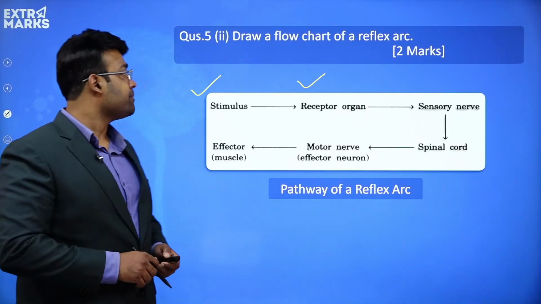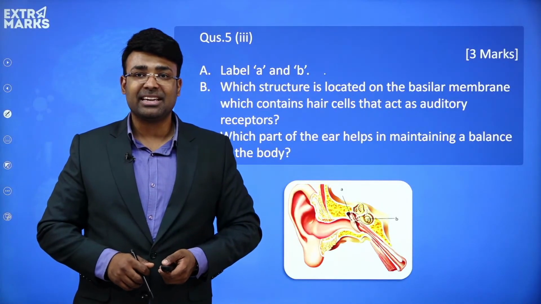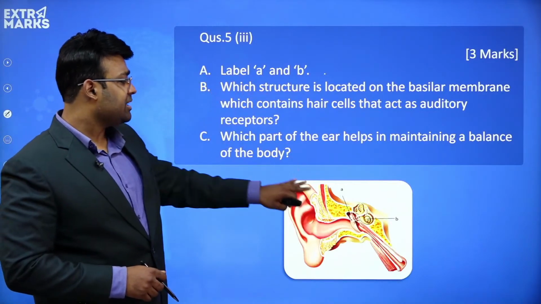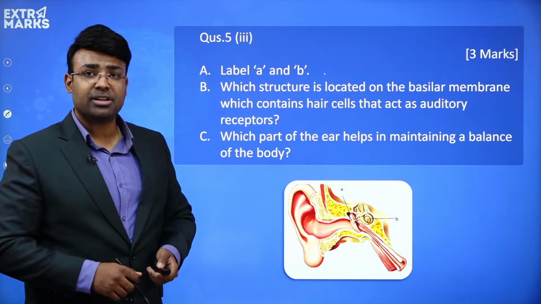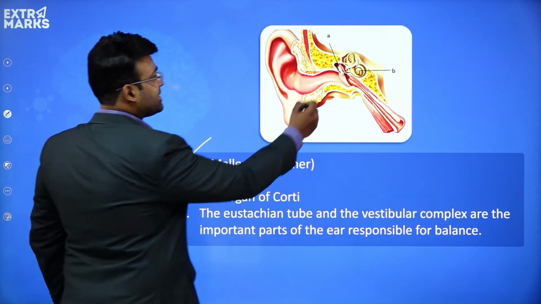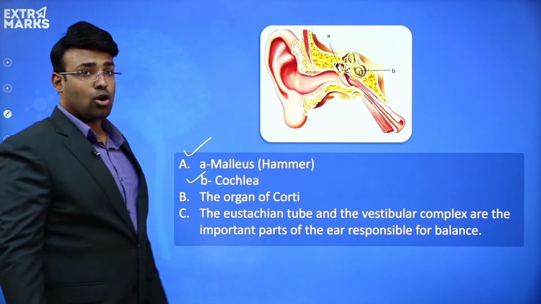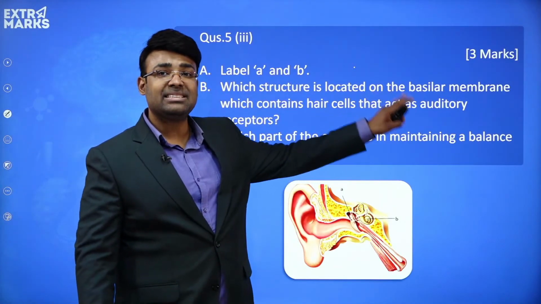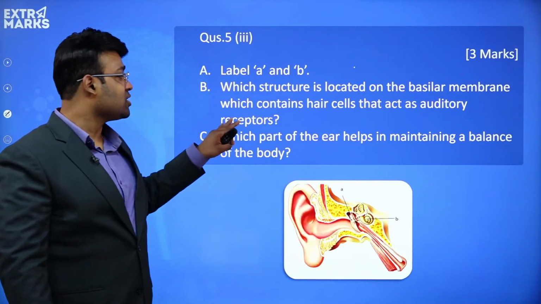Clear? Okay. Now we have to label the diagram of the ear. So in the ear you can see the A and B parts we have to mention. So everyone, the A and B parts, what are they? The A part here is the malleus and the B part over here is the cochlea. So this one is the malleus and this rounded part is the cochlea. Then the question is asking which structure is located on the basilar membrane which contains hair cells that act as the auditory receptor.